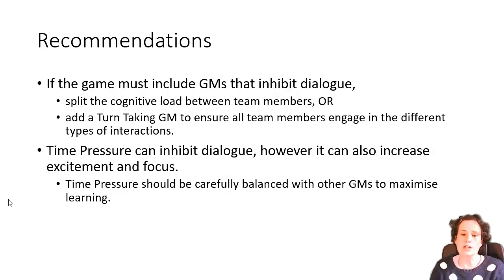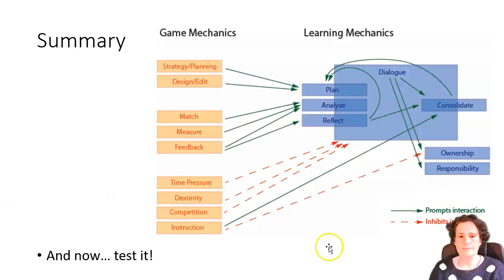Something like time pressure, playing against the clock, can also inhibit dialogue, but it can increase the excitement and focus for the players. So just make sure that you balance these inhibiting game mechanics with the other game mechanics that maximize the dialogue.